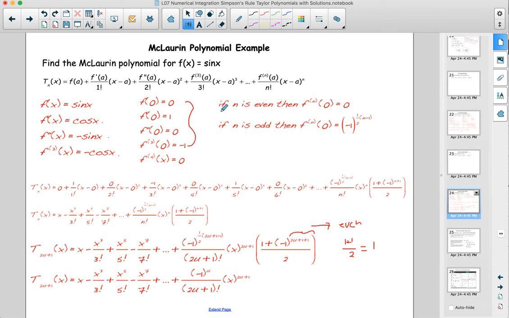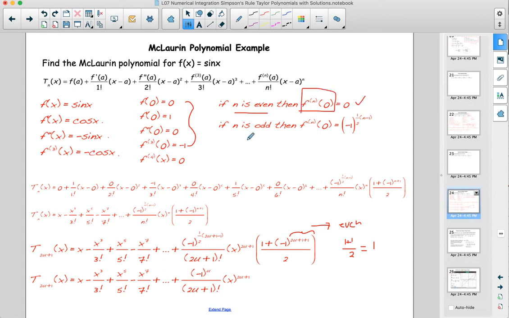So the first thing I'm going to note was that when n was even, so 0, 2, 4, 6, 8, we're going to end up with a sine. It could be either sine, it could be negative sine, but regardless of which it is, sine of 0 is going to be 0. So when n is even, the nth derivative at 0 is going to be 0.